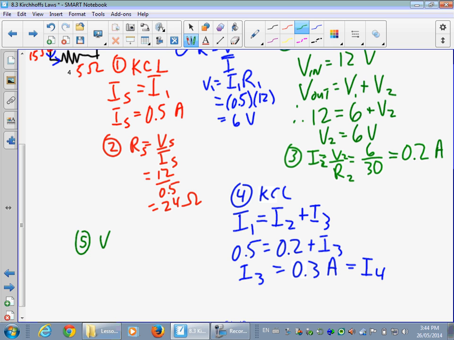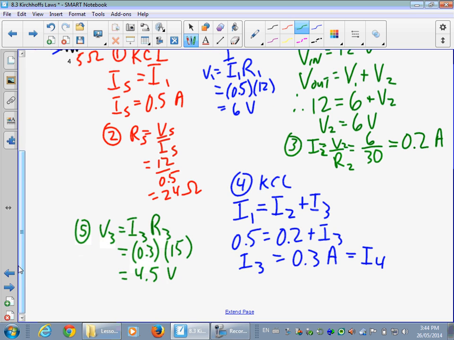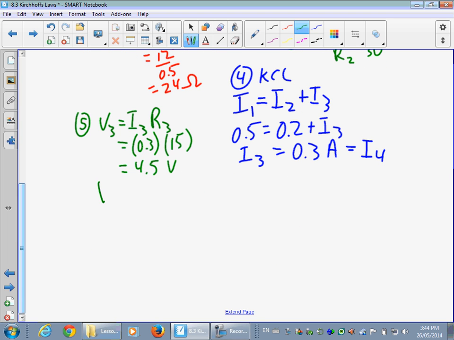V3 is equal to I3 times R3. So 0.3 times 15 gives you 4.5 volts. Similarly, V4 is equal to I4 times R4, and that would give you 1.5 volts when you plugged in those numbers.